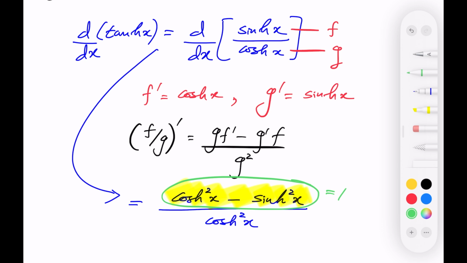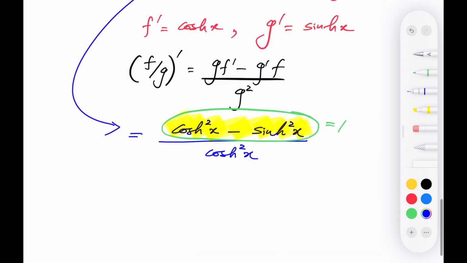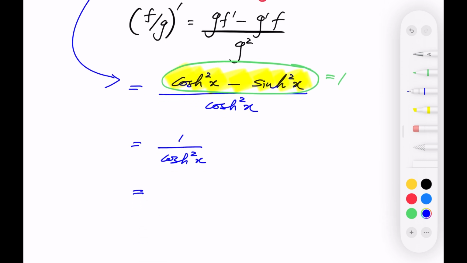If you cannot remember this result, I'll have a link posted down below in the description for that video. Because of that, this simplifies to 1 over hyperbolic cosine squared x. We know 1 over hyperbolic cosine x is equal to hyperbolic secant x. Therefore, this reduces to hyperbolic secant squared x, sech squared x.